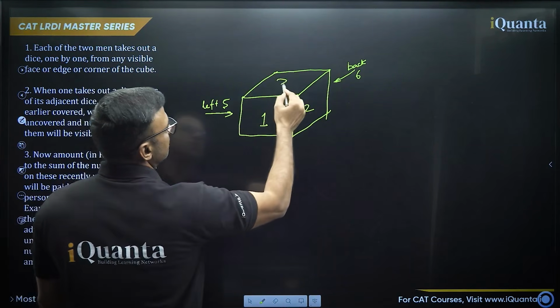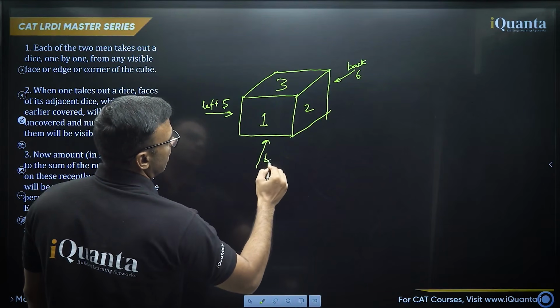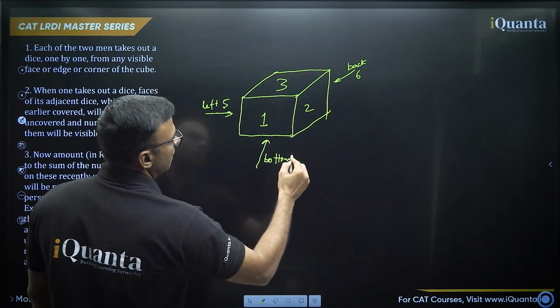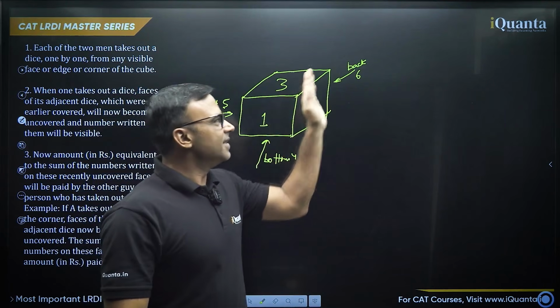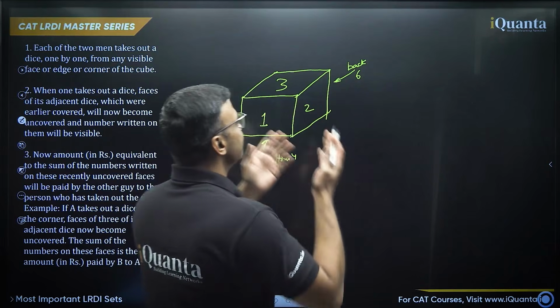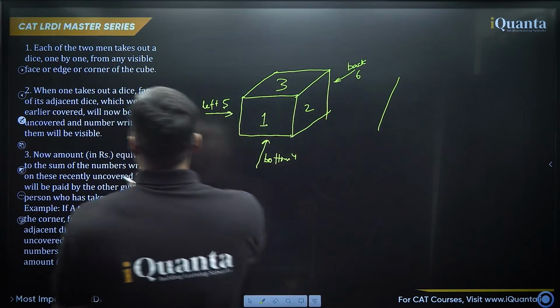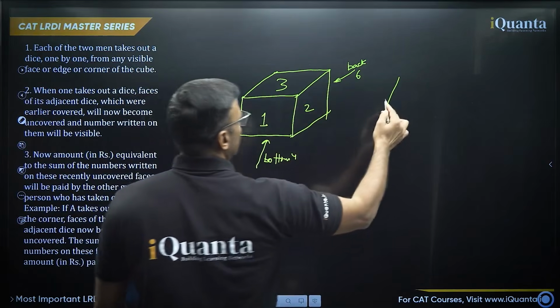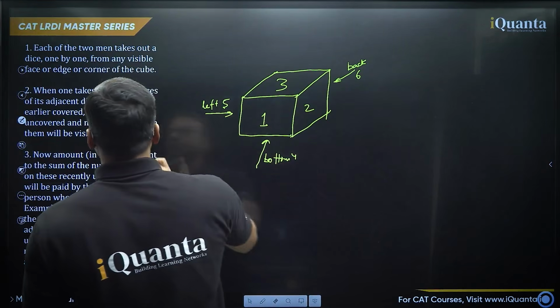If I put 3 on the top, we have 4 on the bottom. What you need to understand is the cube by the side of it will also have exactly the same orientation, isn't it? The next cube, or the cube behind or the cube below, I'll just draw it.